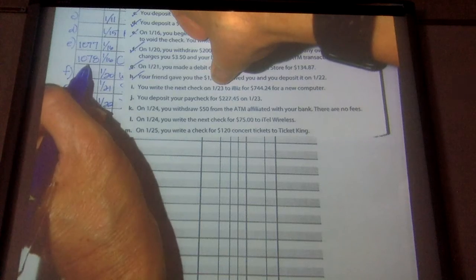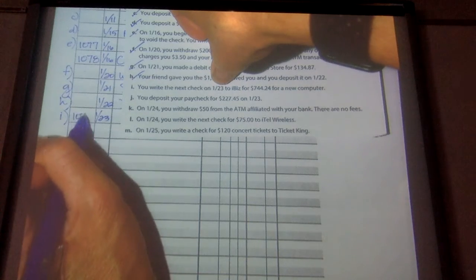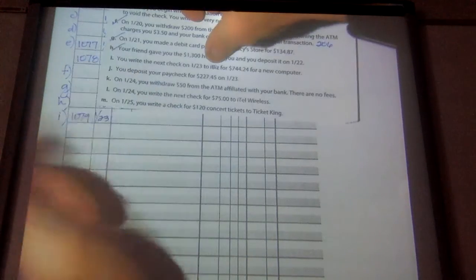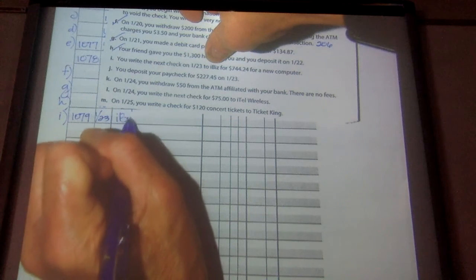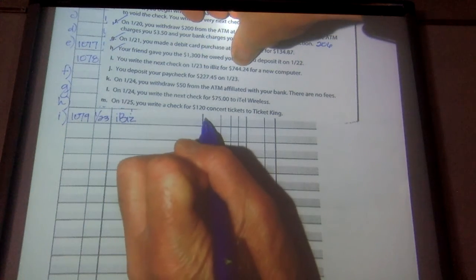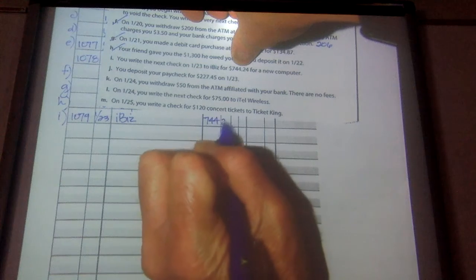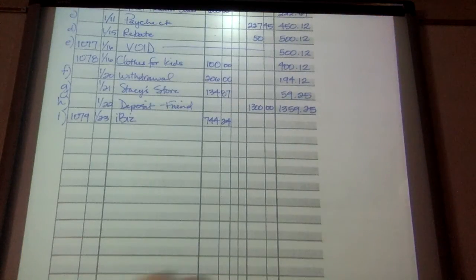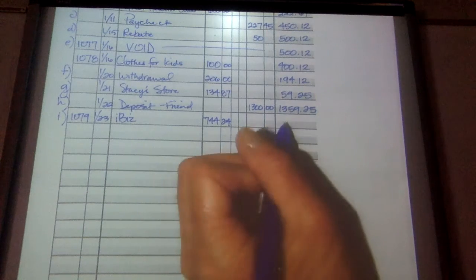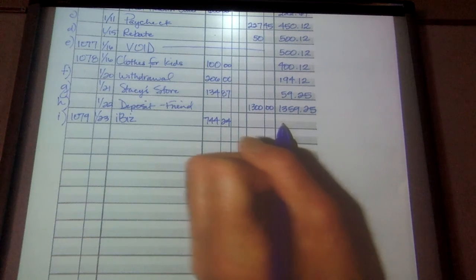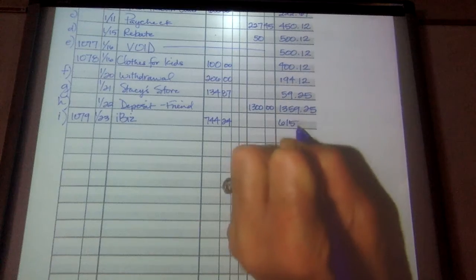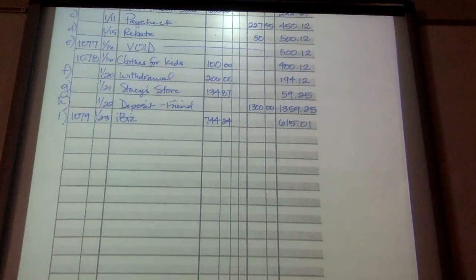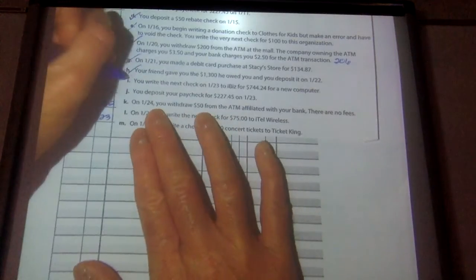Look up. I had 1078, so this next one must be 1079. And I wrote that check to iBiz for $744.24. And it was for a new computer. So because that is a check I wrote, I'm going to subtract, and that would leave me with $615.01. All right. We only have a couple more.